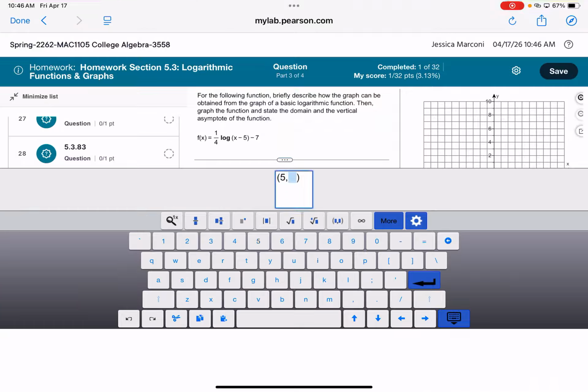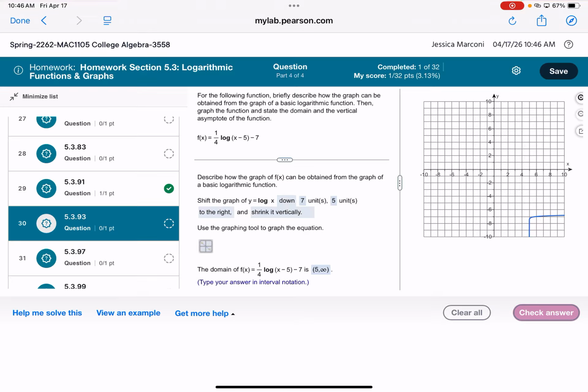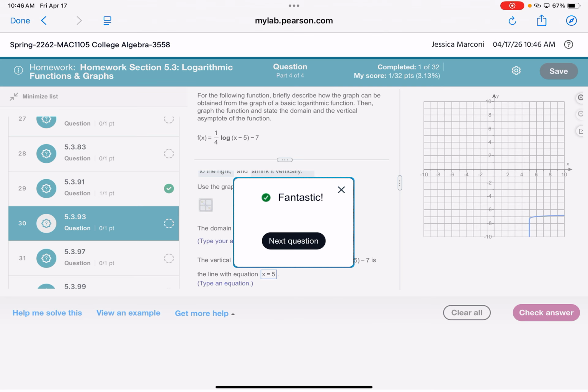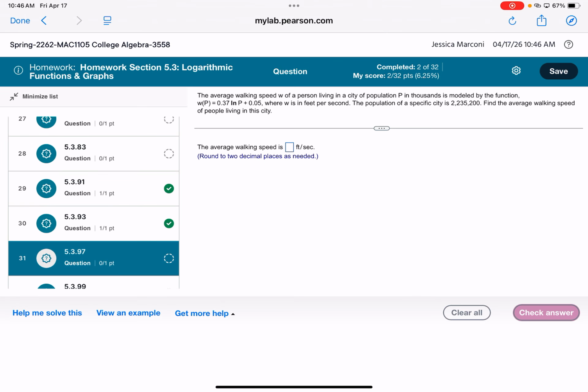It's whatever you had to shift it. If we shifted it to the left, it would be -5 because it would be shifted to -5. And the equation of my vertical asymptote now would be x equals 5, because that all got shifted. Okay? So we will take a short break.